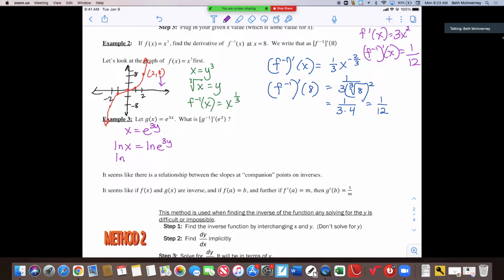Oh, well then it's a good thing we've been talking about our log properties because I can use that power property and bring the power down. What's the natural log of e? 1. Nice job. So that's the natural log of x equals 3y. So y is 1/3 natural log of x.